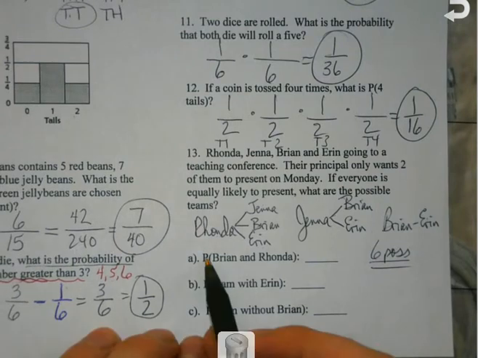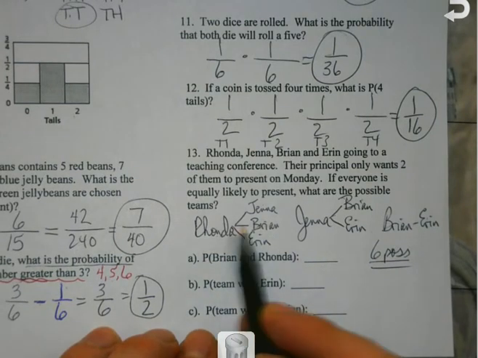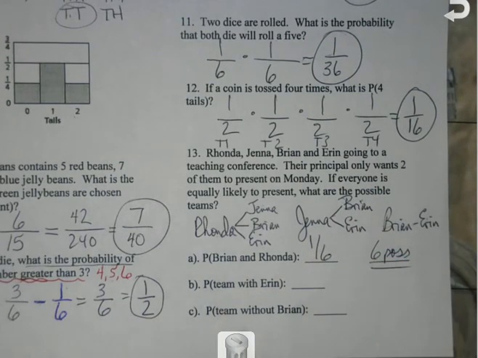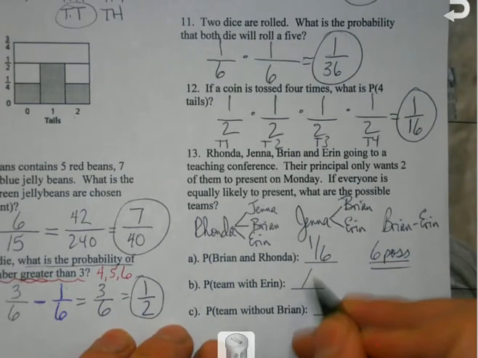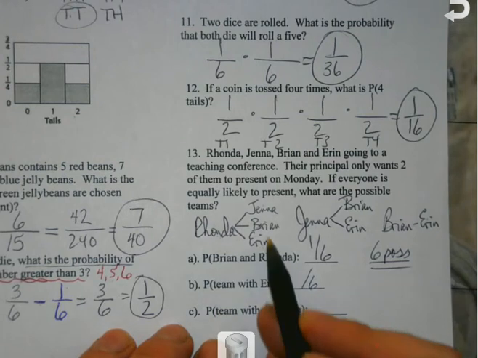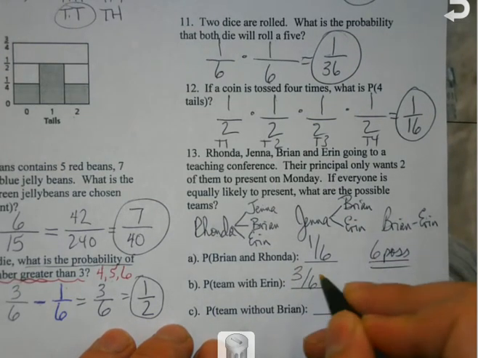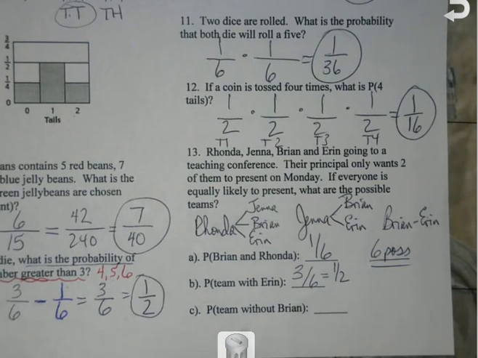So the probability of Brian and Rhonda being a team, I can even just look at my graph now, 1 chance out of 6. How many people could team with Aaron? Well, let's see. 1, 2, 3. 3 out of 6. 1 out of 2 chance you're teaming with Aaron.